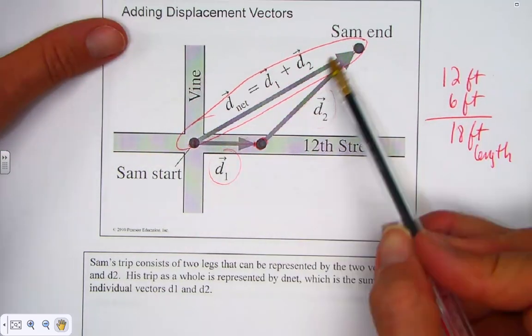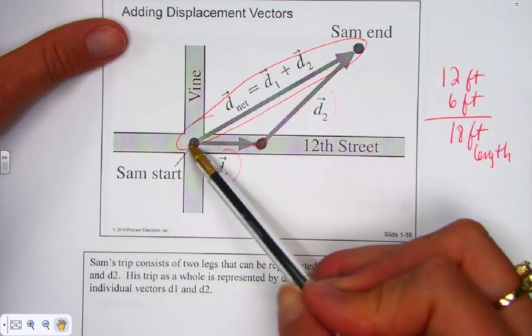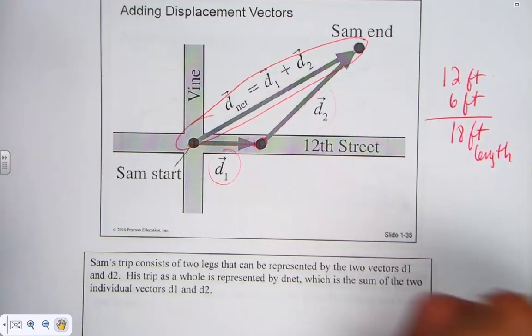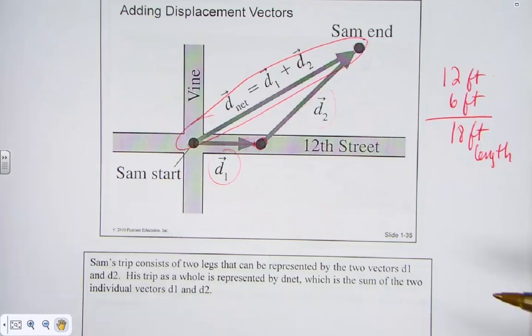When we find the displacement vector, we've created a triangle, and we can foreshadow a little trigonometry involved to find the direction he ended up. So since his trip consisted of two legs represented by vector quantities D1 and D2, his trip as a whole is represented by D net. The net of his displacement is the sum of the two individual vectors D1 and D2.